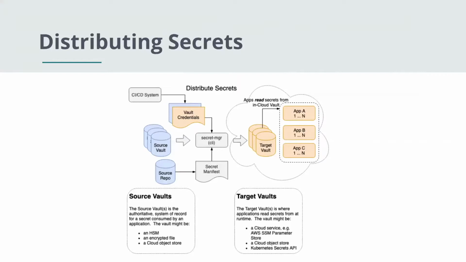And then I'm going to suggest, and I'll explain why in just a bit, that you make a copy of those secrets into whatever your runtime vault is, whether that's SSM or Azure Key Vault or some other vault in the target runtime environment. That's what applications should read their secrets from.